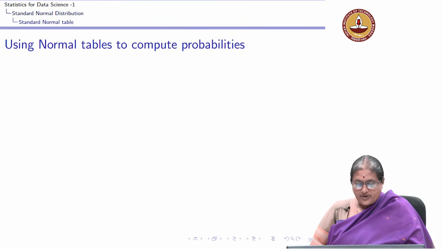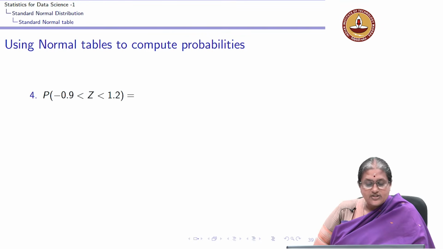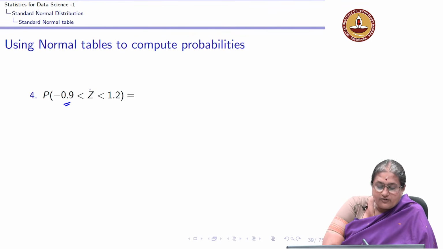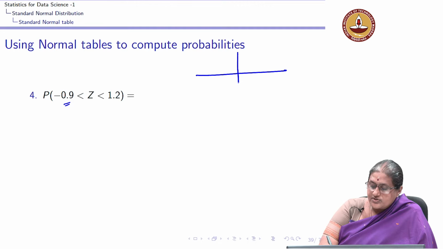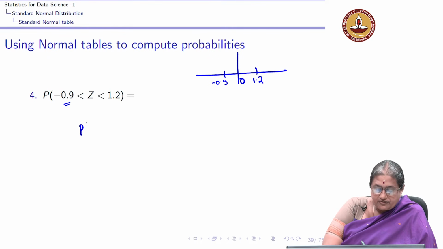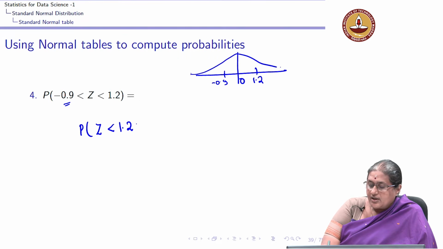The next probability we are going to see: again I know z is centered at 0, and I want the probability between 0.9 and 1.2. The first thing I will find out is the probability z is less than 1.2, which gives me this shaded region.